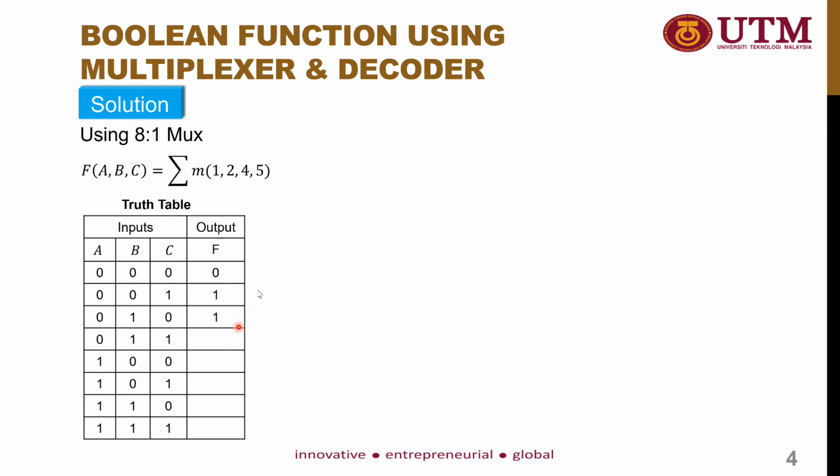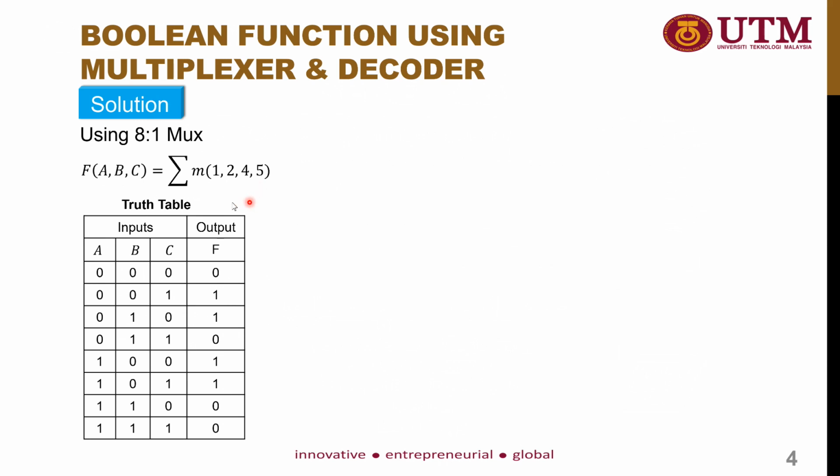Row number 3 is not selected by this expression, so it will become 0. Row number 4 is selected, so it will become 1. And lastly, row number 5 is selected, and it will become 1. The remaining rows of the truth table will become 0 because they are not selected by this expression.